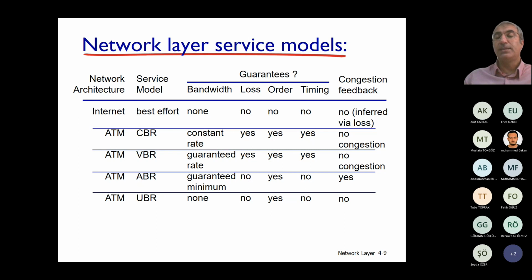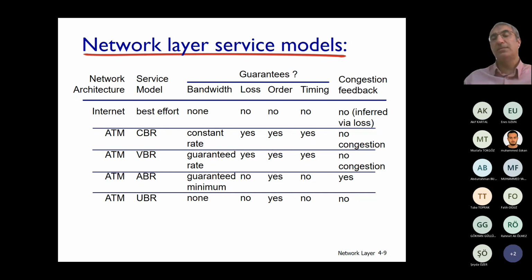Because each packet can take a different path, they may arrive at different times. For example, packet number 5 arrives first, then third, then second, then sixth. So it can be delivered out of order.